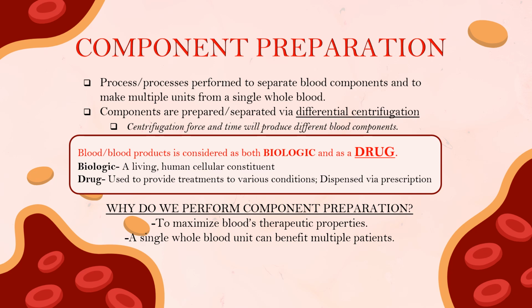And since a single whole blood unit can produce multiple blood components, multiple patients can actually benefit from this single whole blood unit. So based on this, component preparation is essential and necessary. That is also the main reason why transfusion practice is also termed transfusion medicine.